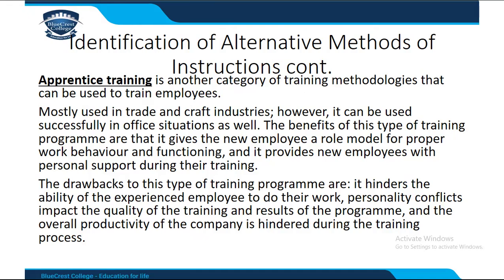Most of the times they stay there for years until they have accumulated some experience. However, this can be used for office situations as well. So we do not limit the apprentice training to just the craft industries and trade, right? It can be applied to office situations as well.